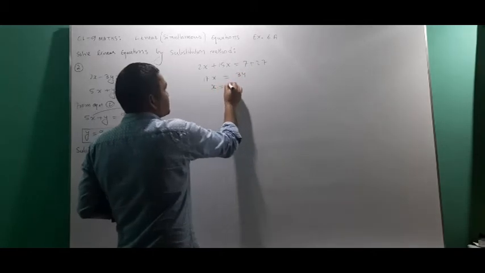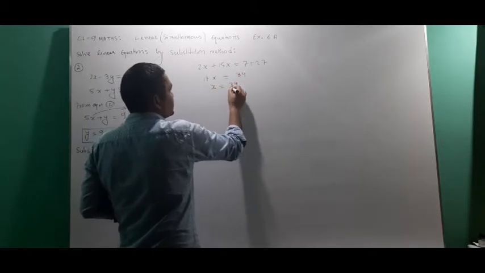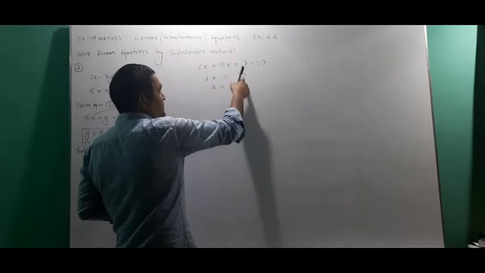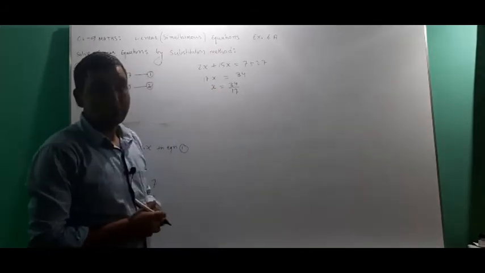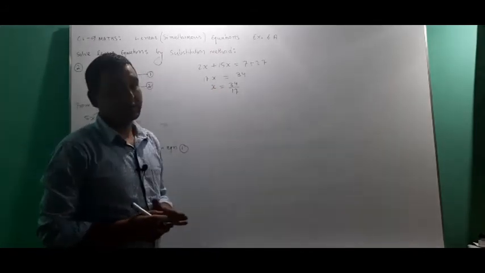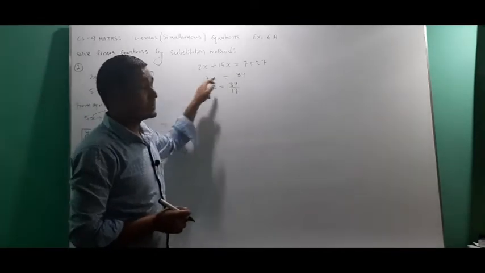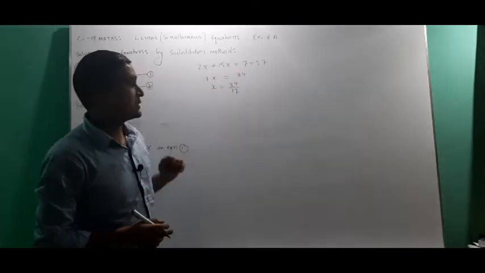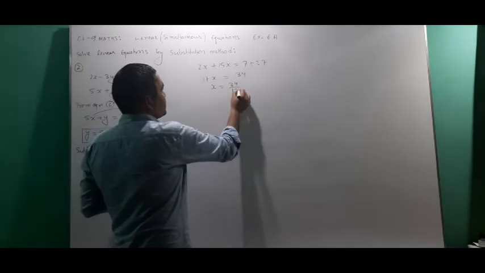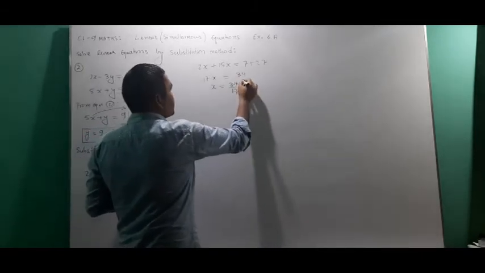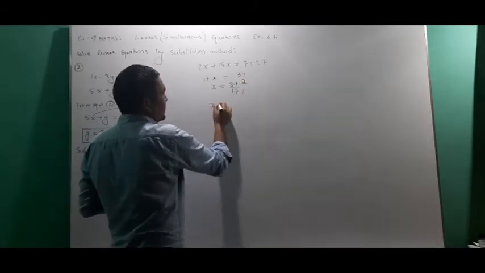Then x equals 34 divided by 17. This multiplying number always goes to the denominator on the other side, because their relation is a division relation. That means 17 ones are 17, 17 twos are 34, x equals 2.